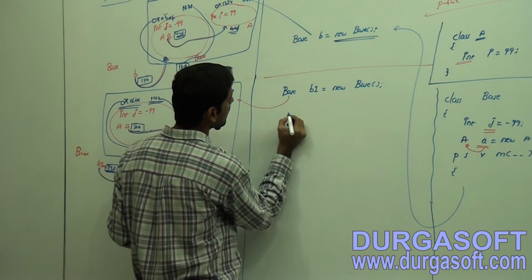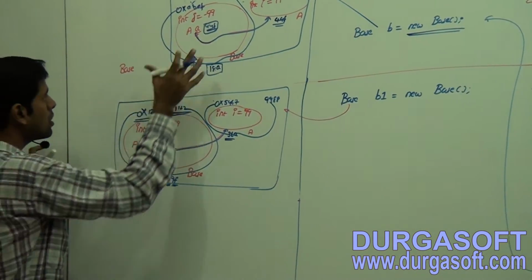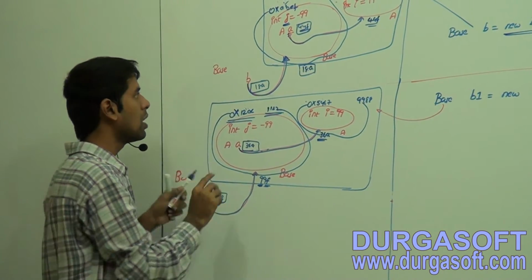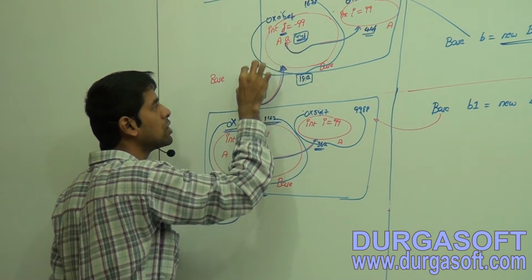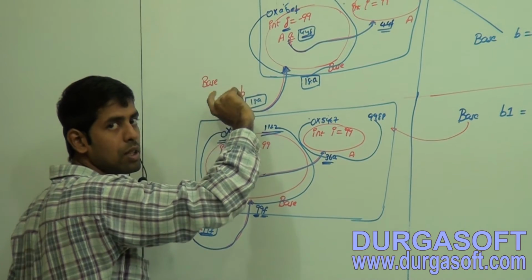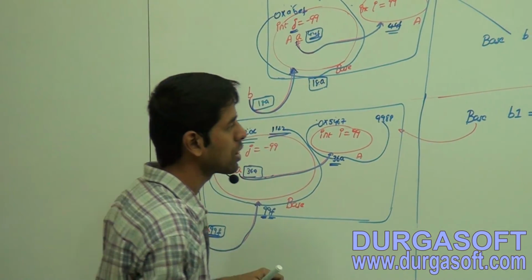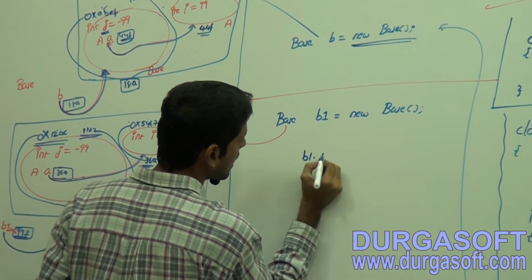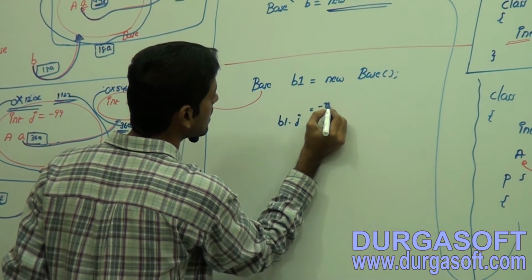How to access the j variable value referred by this object? Using b dot j, I jump into the object and access the j variable value. And this value is minus 99.